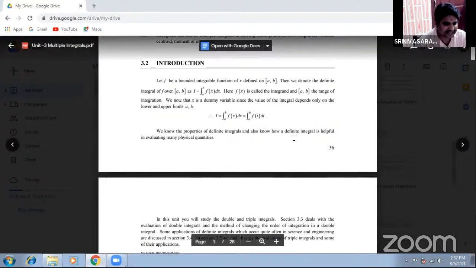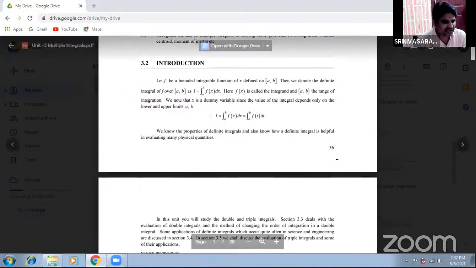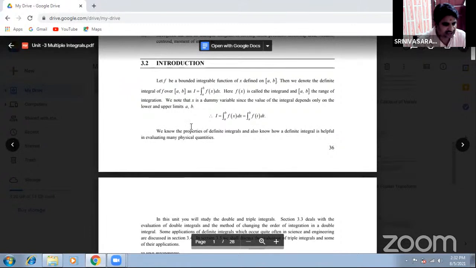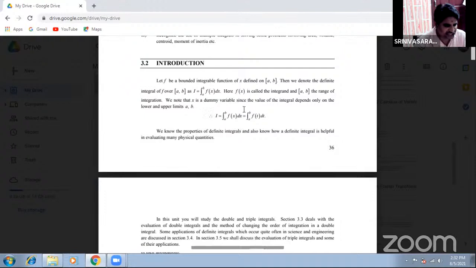In between a and b we can divide it into many partition points, so that a = x0 and b = xn. Now here, from x0 to xn, the integral of f(x) dx, or numerical integration, is also there.